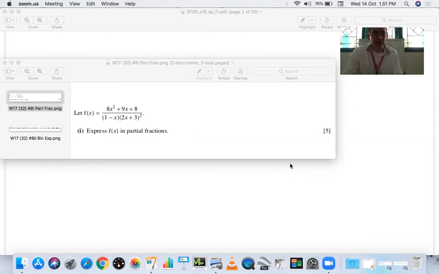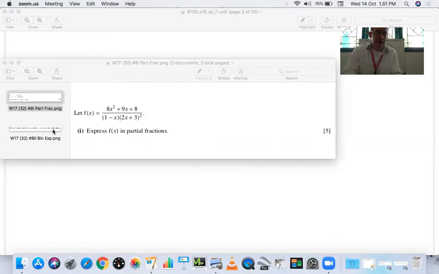So we actually already did this one together in the part 4 video. And here you have your 8x squared plus 9x plus 8 over 1 minus x times 2x plus 3 squared, and it says express in partial fractions. You can go back and look at video 4 if you want to watch that.